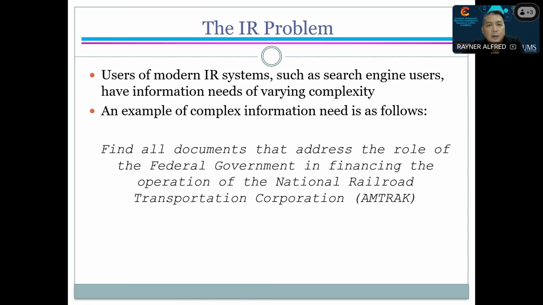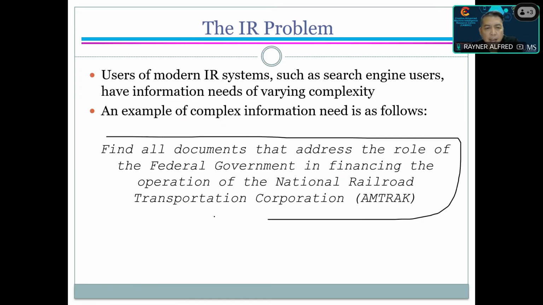Okay, so when we talk about IR, basically the whole idea is we want to solve this problem. For example, you want to find all documents that address the role of the federal government in financing the operation of the National Railroad Transportation Corporation. If you ask ChatGPT, it is able to find the answer for you.